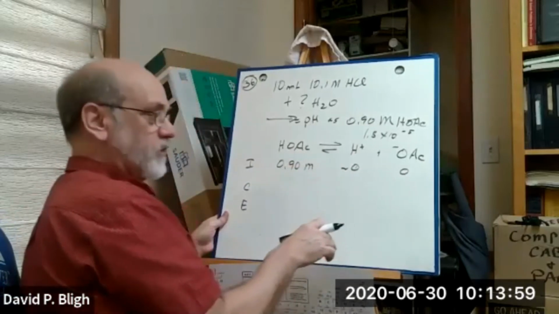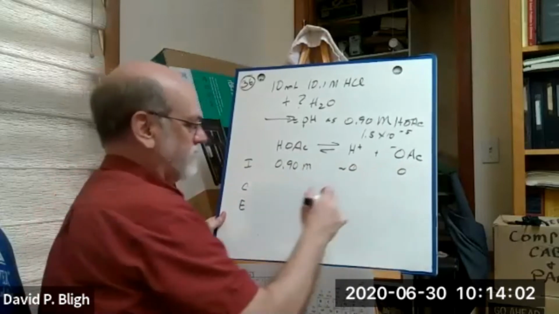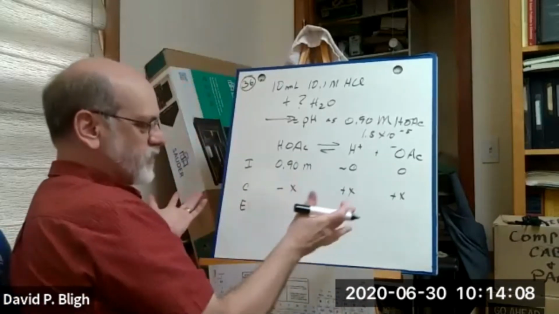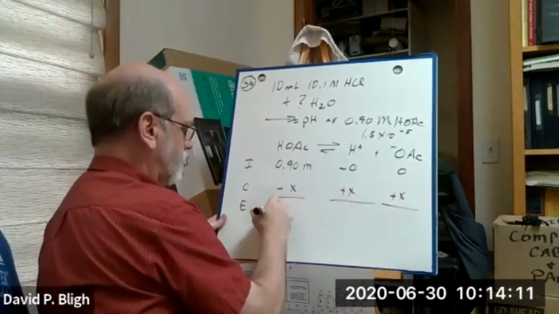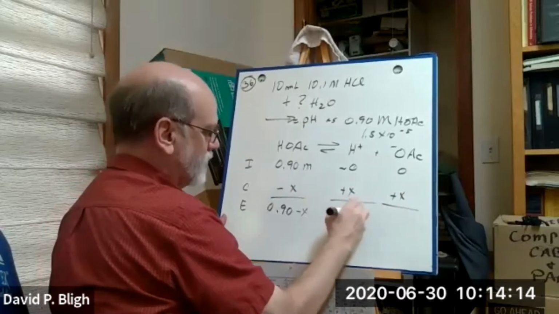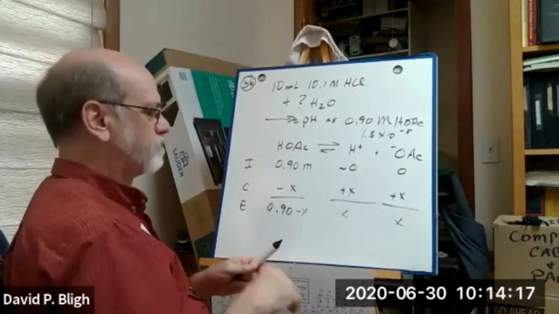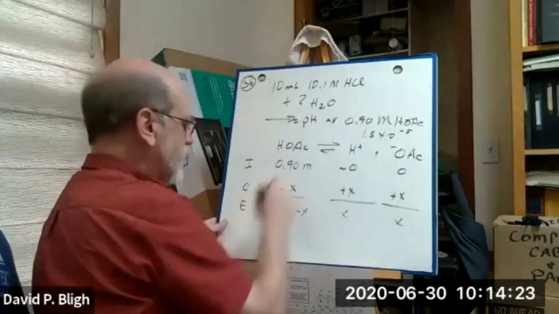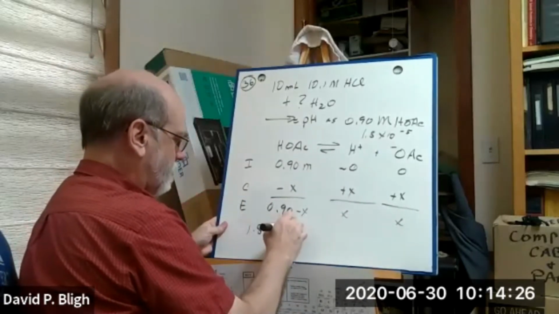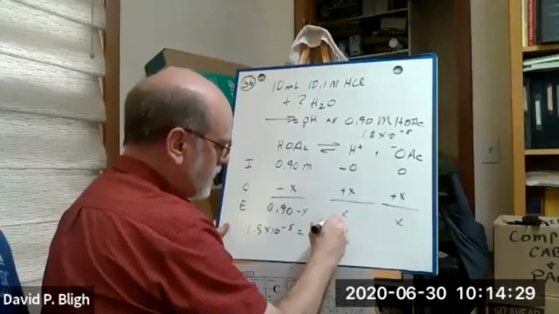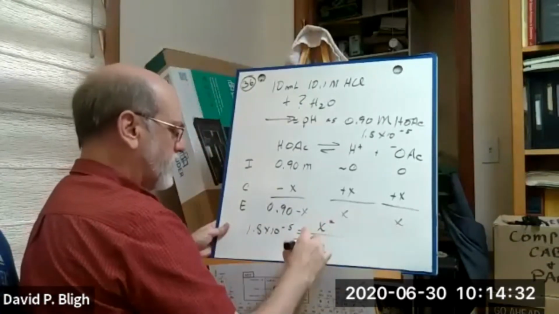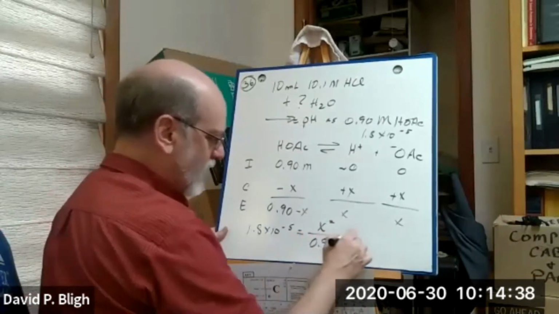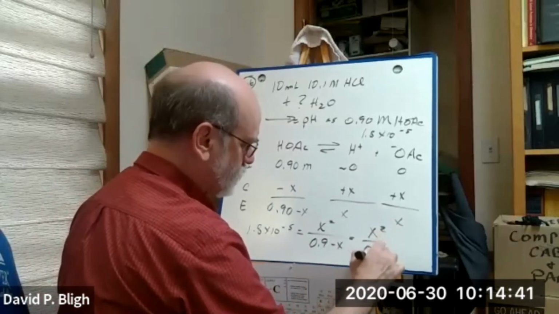So what's going to change? The reaction is going to go that way. Right. So we're going to have this and that minus a certain amount of that. Minus X, and then X, and X. Okay? So what's our expression? Ka is equal to X squared, because it's that one times that one, over this one. Right? And that's approximately equal to this one.